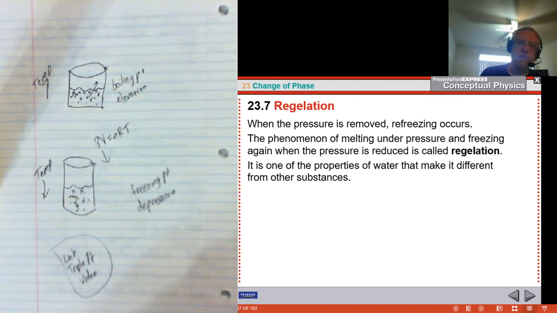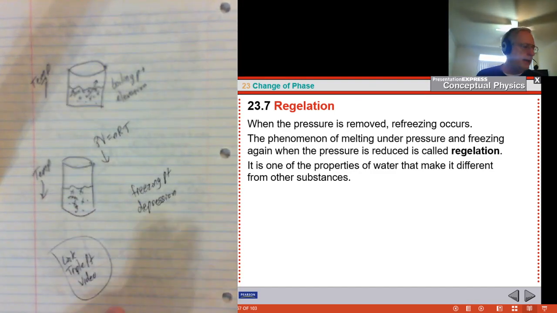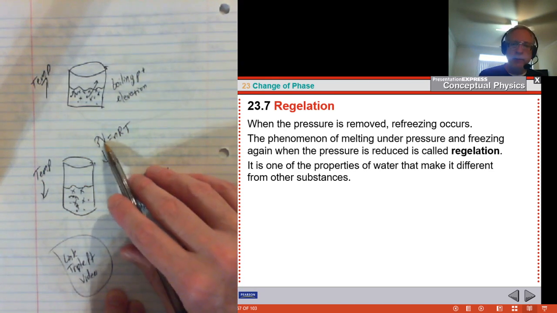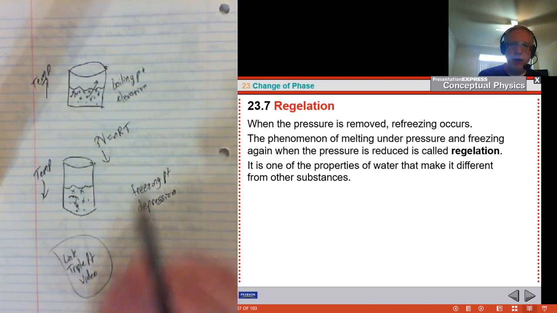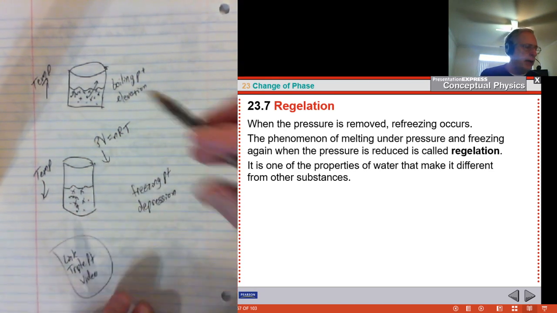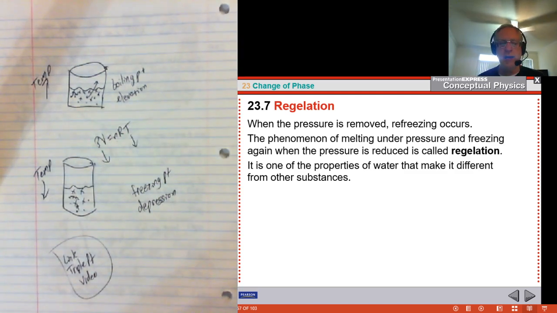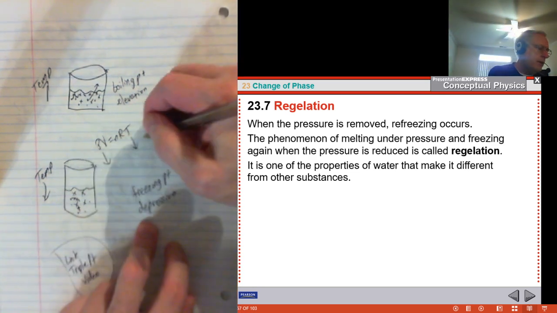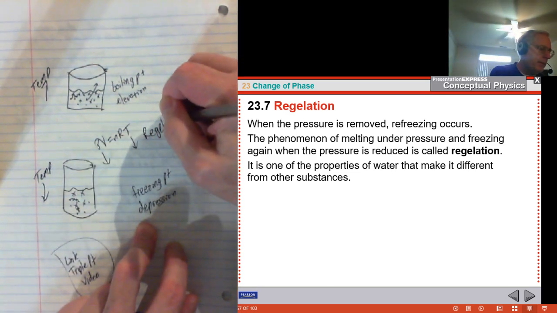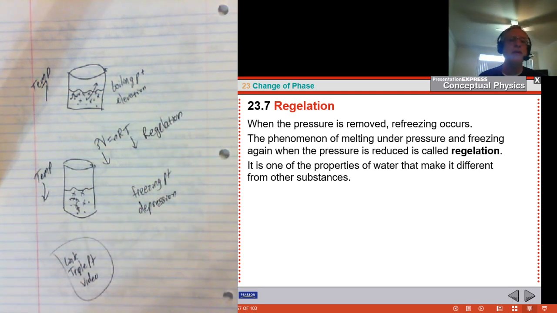It's a liquid, so the volume doesn't change that much. The volume will expand a little bit as it freezes, but since the pressure goes down so rapidly, the temperature goes down and you freeze it. So that's called regelation. If you decrease the pressure fast enough, you can freeze things.